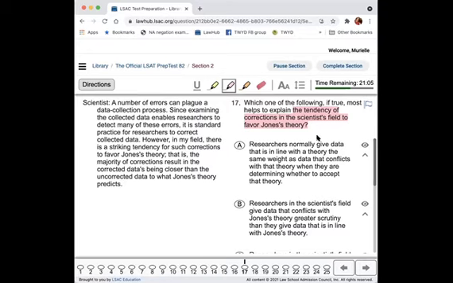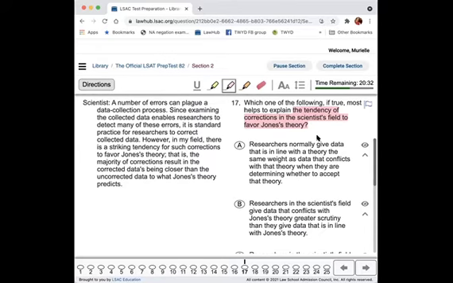It could also be that in that field, Jones's theory is something that everybody who works in that field is aware of. And so they have a bias where they would be on the lookout for things that would conflict with Jones's theory.